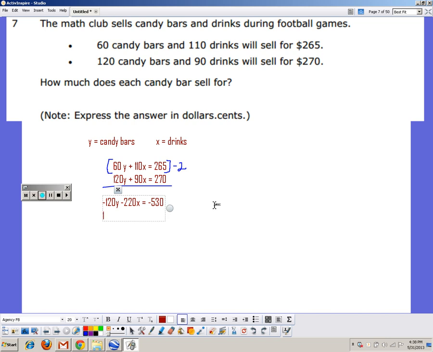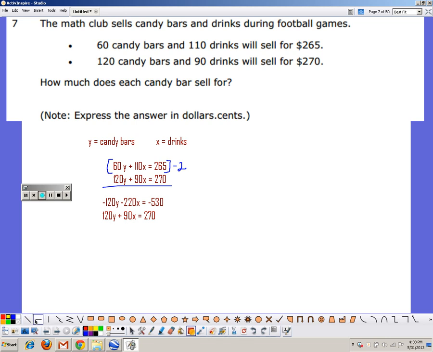The second equation is going to stay the same. Now that we've done that, we can see that we can cancel out our y's.